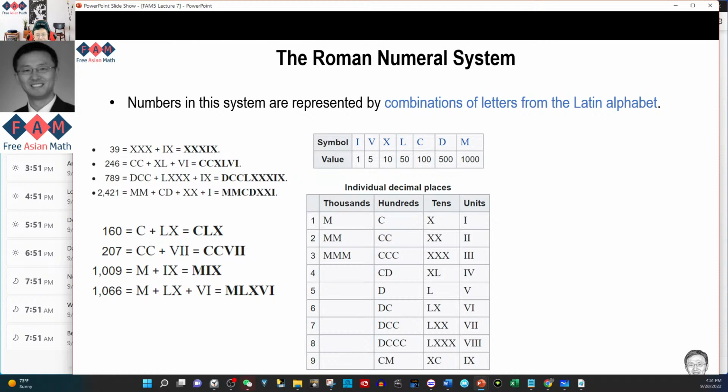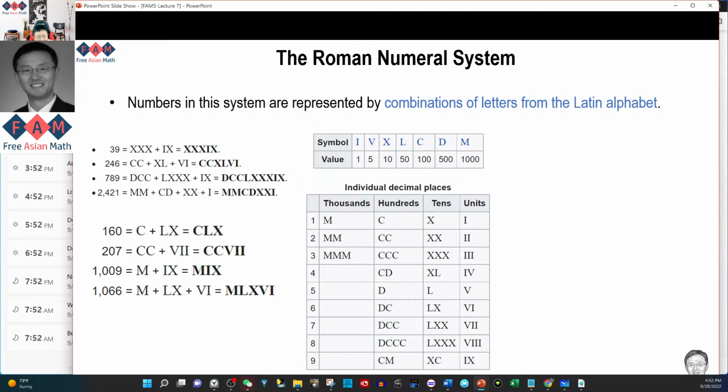And this represents the most advanced civilization for a long, long time. Okay, so actually this system was in actual use until the late, I think it's around 1300 to 1500.